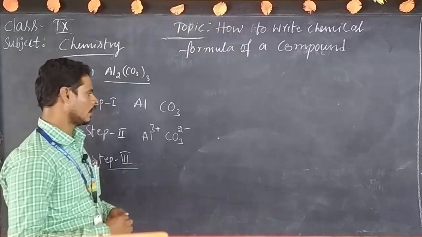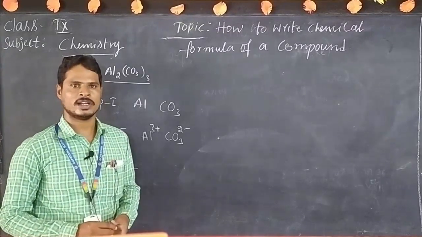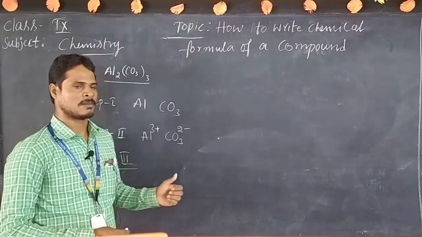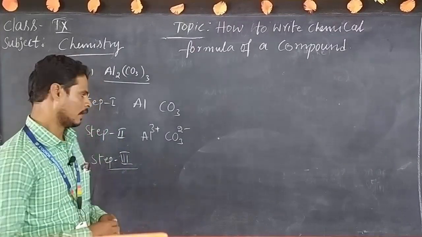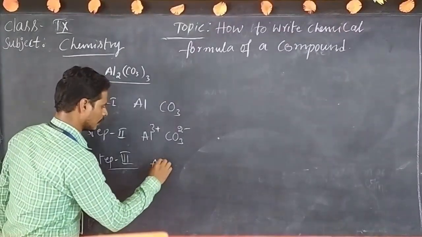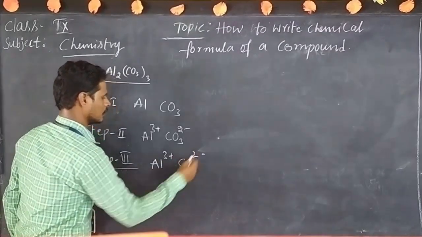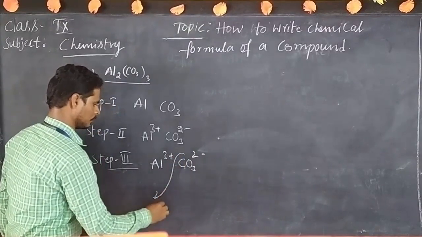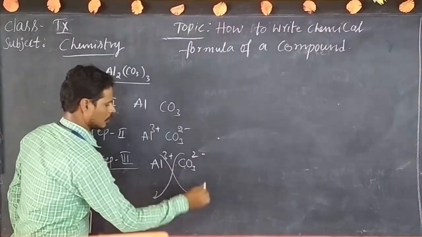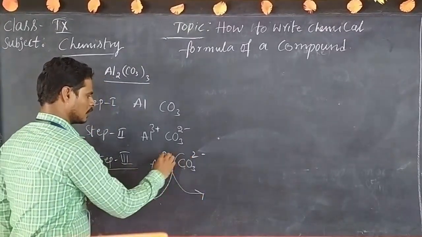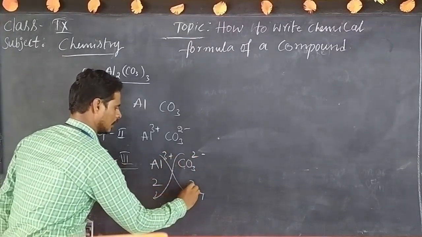If cation and anion have different valency, shift the valency from left to right and right to left. Now check it. Al 3 plus, CO3 2 minus. The numbers should also be changed: 2, 3.